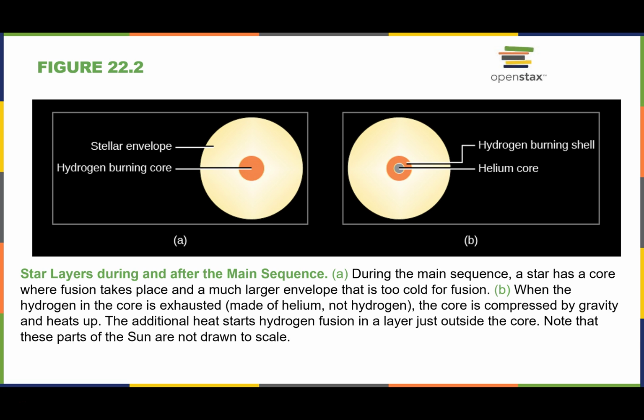This is a figure of kind of what's going on inside an aging star. So the first one, A, actually is what our sun's doing. You guys would tell me that inside our sun, we have hydrogen plus hydrogen creating helium and energy. That's what our sun is doing. That's what actually all stars that are on the main sequence are doing.